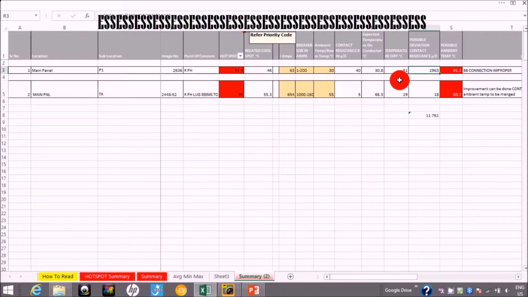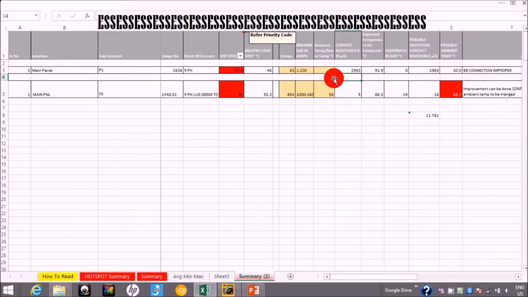Now what we can do is I can write 2963 as a contact resistance here. So then this says, yeah, if that is the contact resistance and 63 ampere is flowing, then you will expect a temperature of 91, and here it is 91.